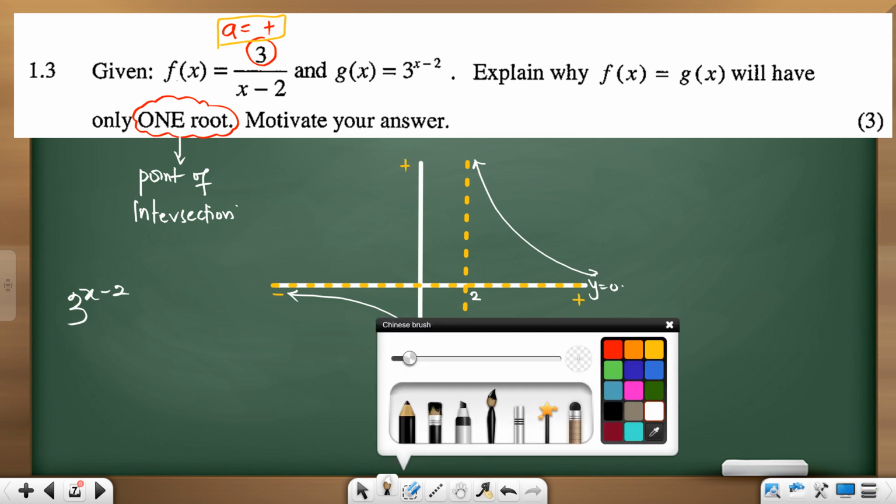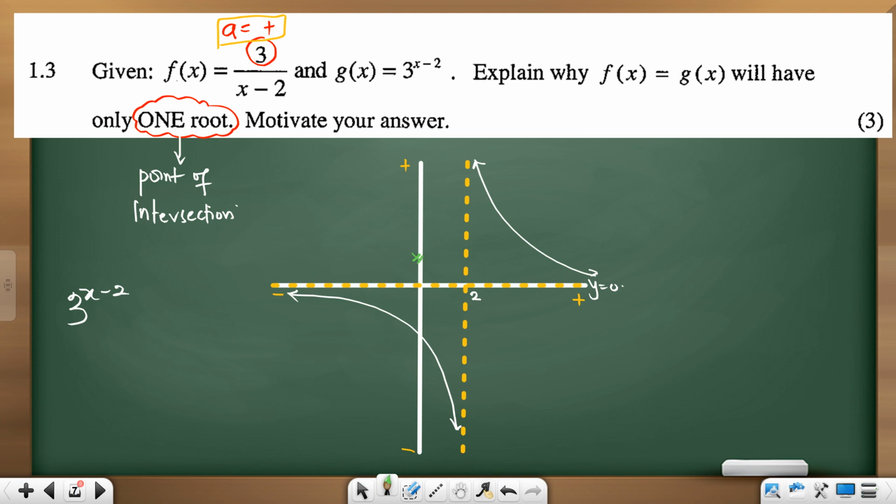So I have a positive intercept, 1 over 9. By the way, this one also has an asymptote. It's plus q, but your asymptote is 0. So it works for both of them.